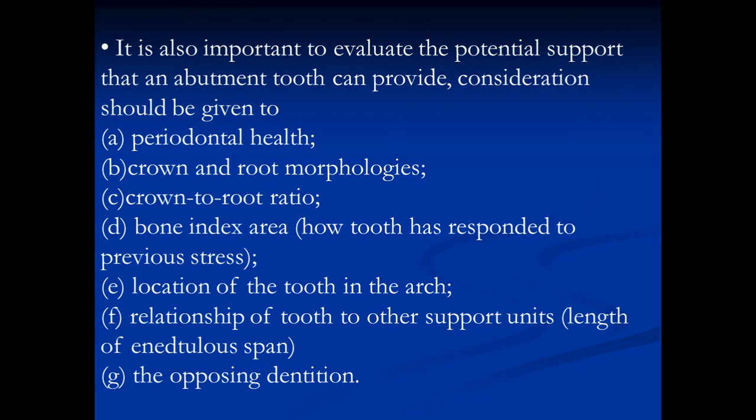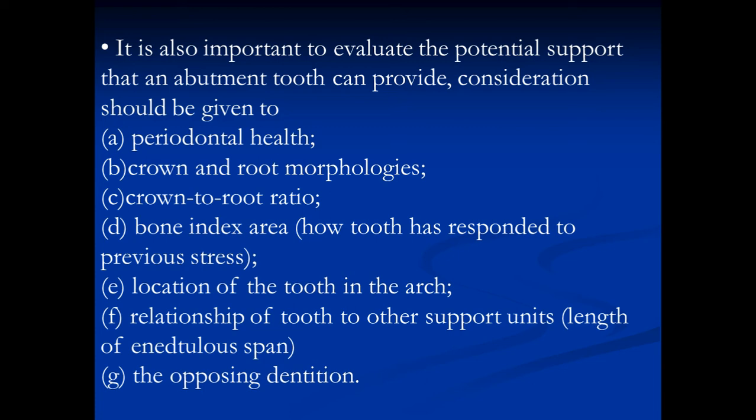If it's a maxillary molar, we have three roots. If a mandibular molar, we have again two roots. So depending upon the tooth and depending upon its support, how better a tooth can support or act as a principal abutment for that particular type of removable partial denture. So those things have to be considered.